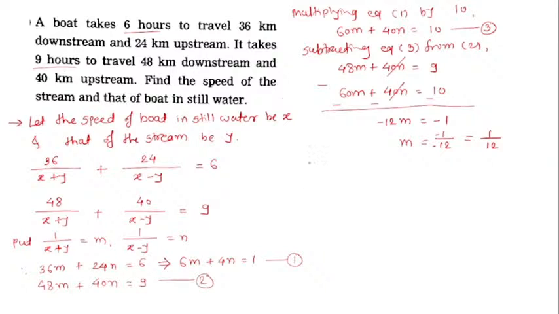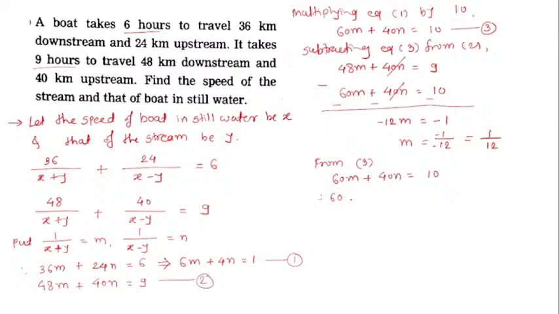So from equation number 3, we can substitute this value of m in any of the equation 1, 2 or 3. If we consider equation 3, the third equation is 60m plus 40n is equal to 10.